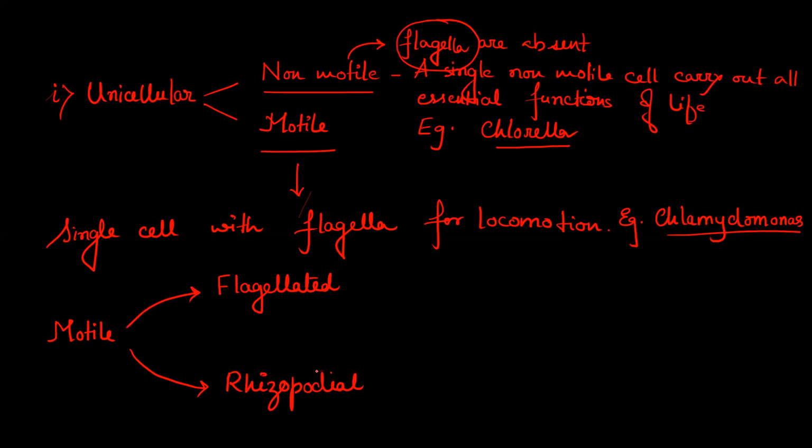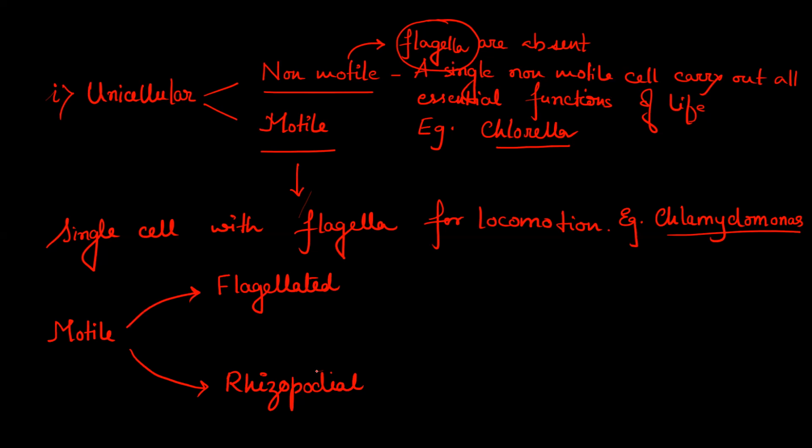Flagellated, see, this form is found in major groups of algae except for Phaeophyceae, Rhodophyceae, Bacillariophyceae, and Myxophyceae. Okay. The distinguishing feature is the presence of a unicellular plant body bearing flagella. Correct.